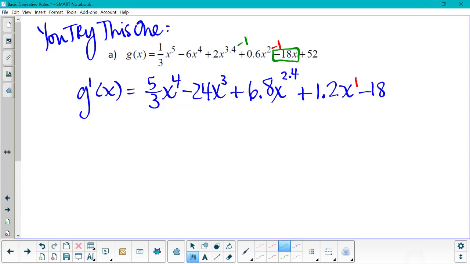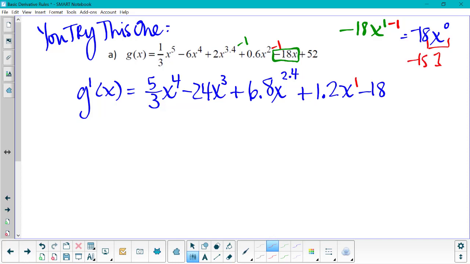Now, if you're applying the power rule, a lot of people would want to think, oops, subtract 1. Let's write that out here. x to the first. If I subtract 1, I get negative 18x to the 0. Well, any real number to the 0 power, with the exception of 0, is 1.